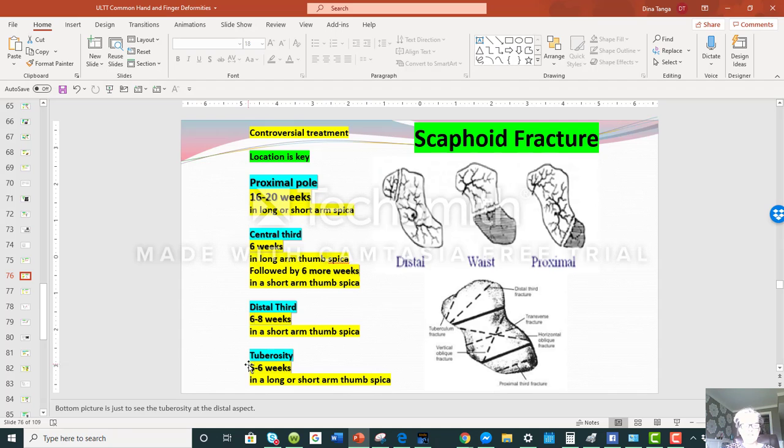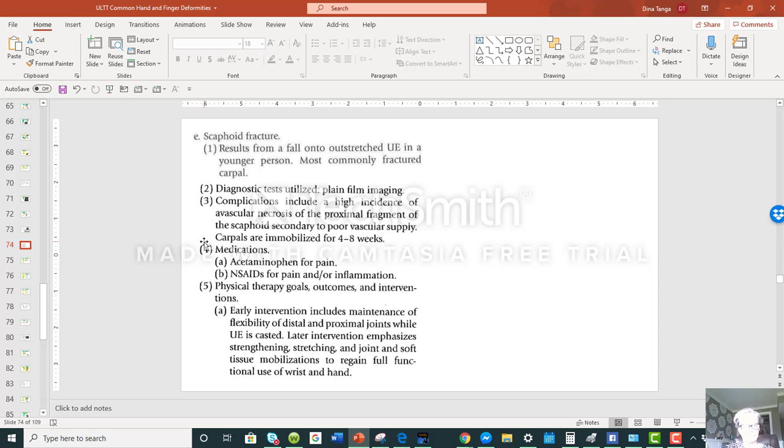Tuberosity, 5 to 6 weeks in a long or short arm thumb spica. So here again, that proximal pole is your problem because it's avascular. High incidence of avascular necrosis of the proximal fragment of the scaphoid, secondary to poor vascular supply.